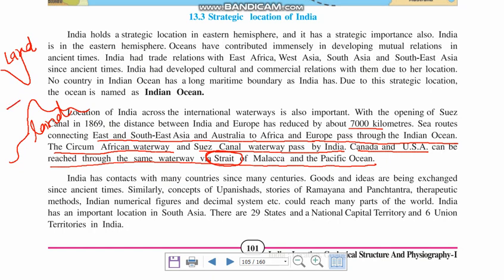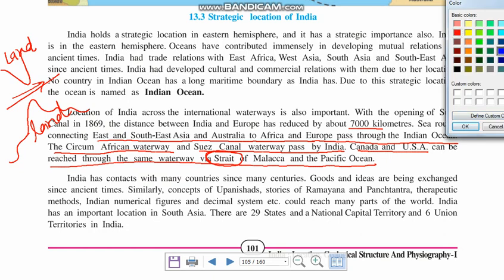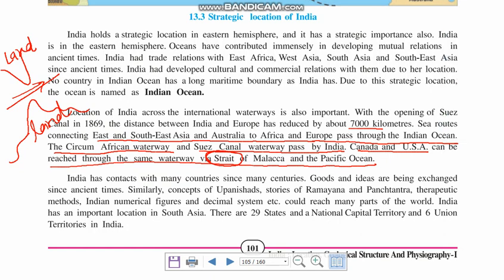The passage of water between these two land areas is known as a strait. So, the Strait of Malacca and the Pacific Ocean.